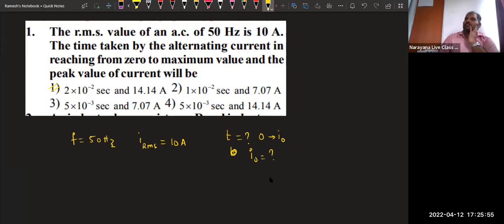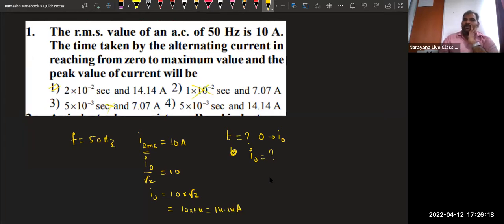Sir, two questions, option one, sir. Okay. Let me check the RMS current formula: peak current by root 2 equals 10. So peak current equals 10 into root 2, which is 10 into 1.4. So 14.14 ampere. So option 2 is wrong.